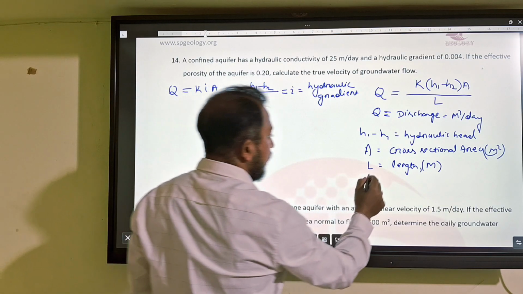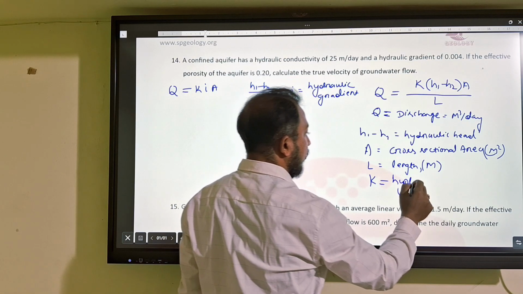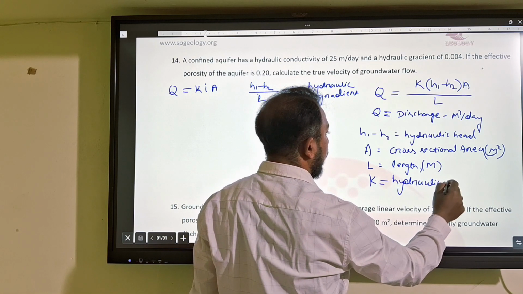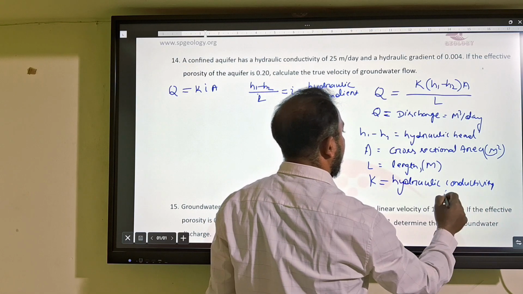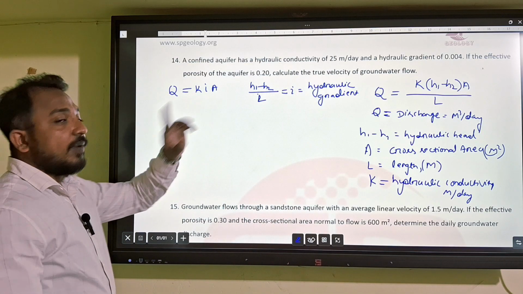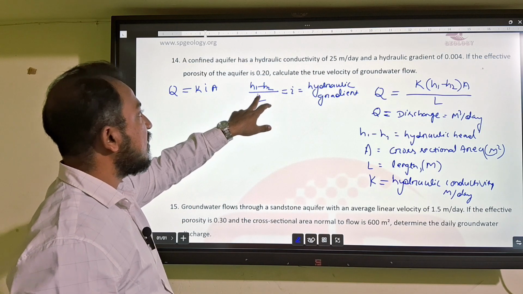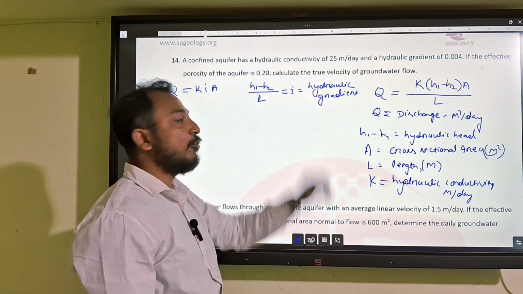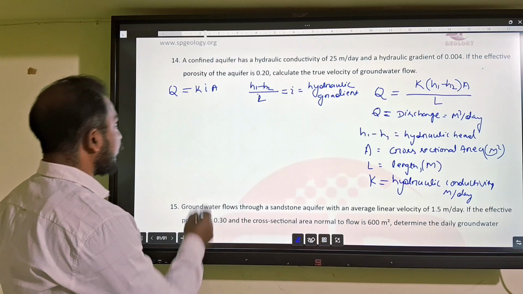Another thing here, K is called hydraulic conductivity. It has a unit of meter per day. Then Q equal to KIA. So you can replace H1 minus H2 by L as hydraulic gradient, which is I, which doesn't have any unit.